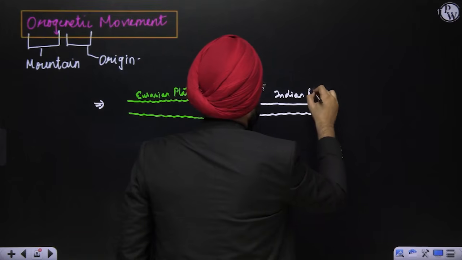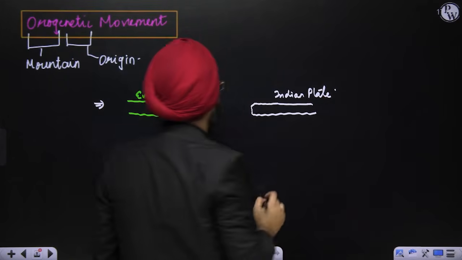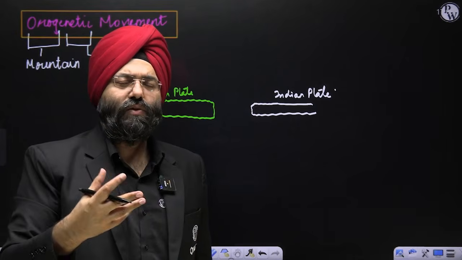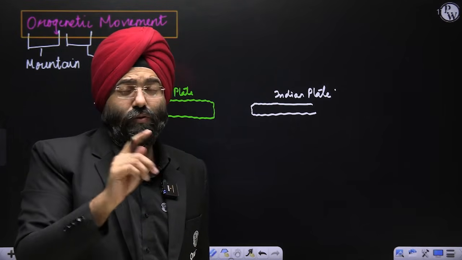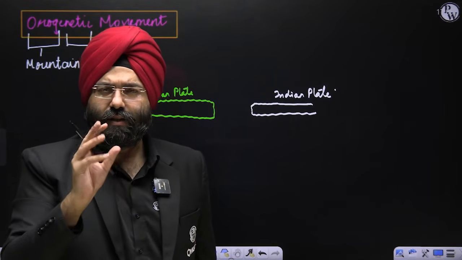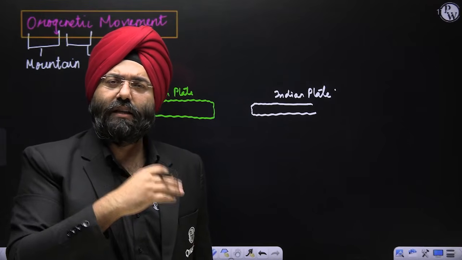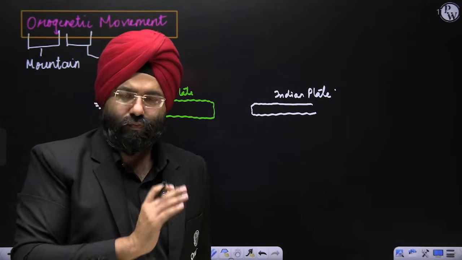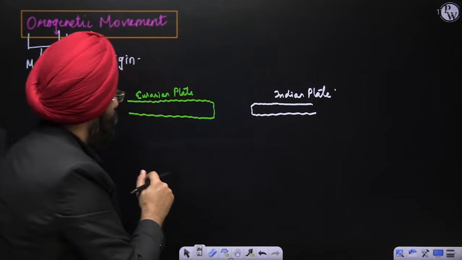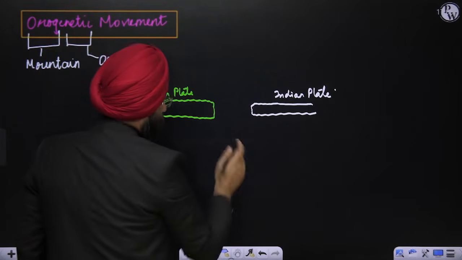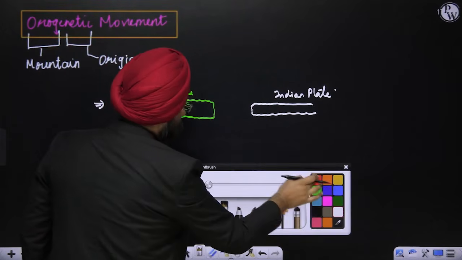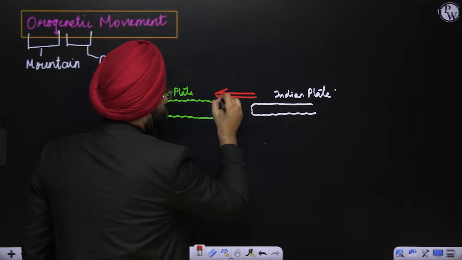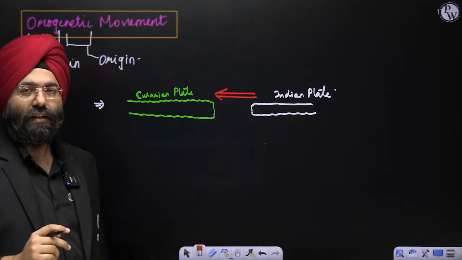Now, this is one of the methodologies through which mountain building processes basically happen. I'm giving you this example because various processes through which mountains can be built, some of them have been studied in plate tectonics, others will be studied through the concept of folding and faulting, which we are going to do after this. Now, do you realize this is the Indian plate which is moving towards the Eurasian plate? You know that very well, right?